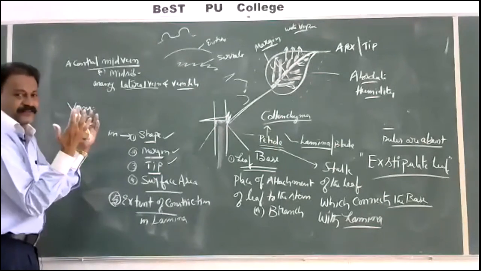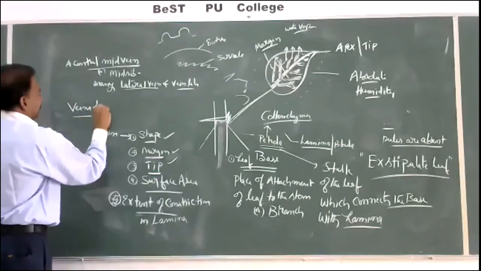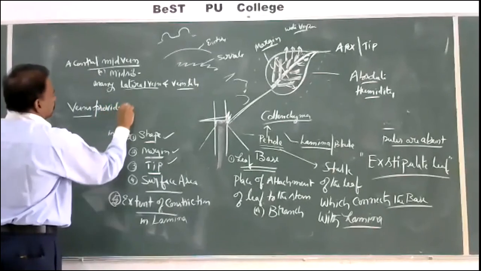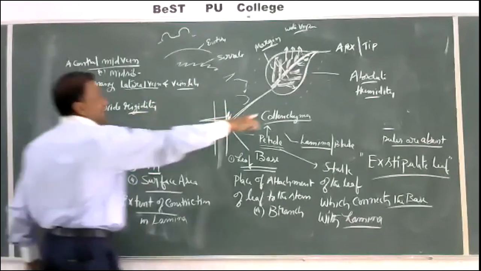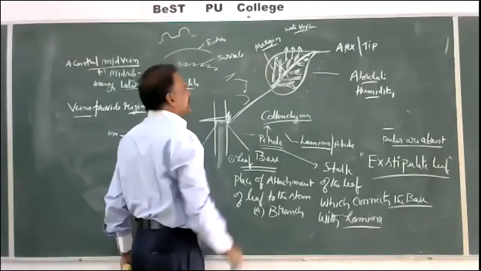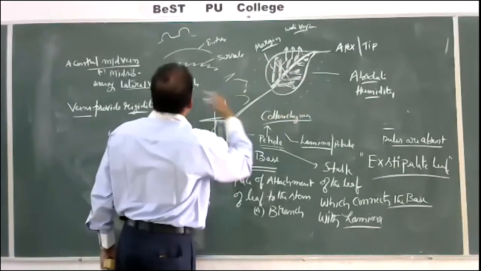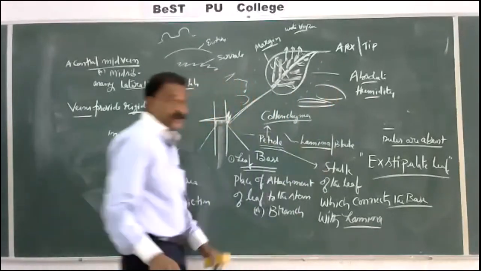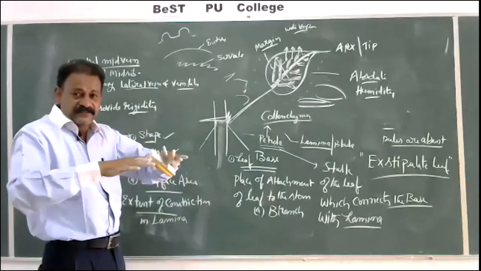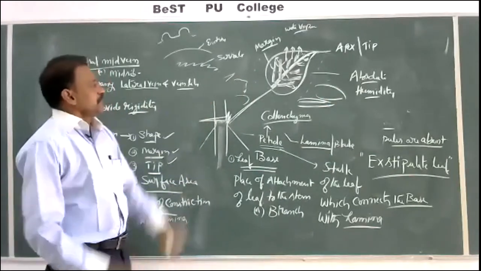The veins provide rigidity, and the shape of the leaf is like this because of the veins. So rigidity and structure are given to the lamina.